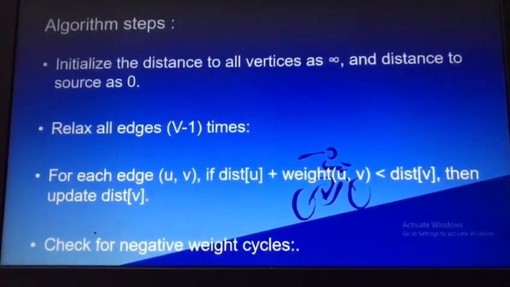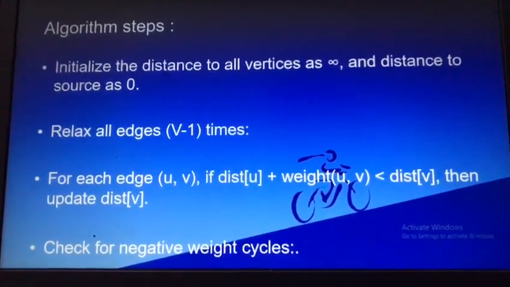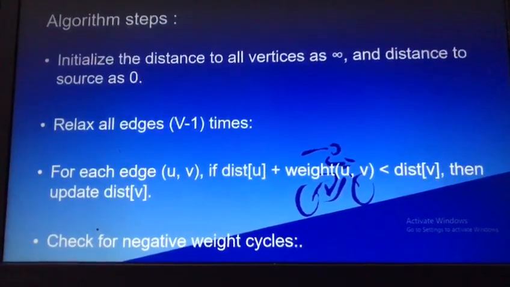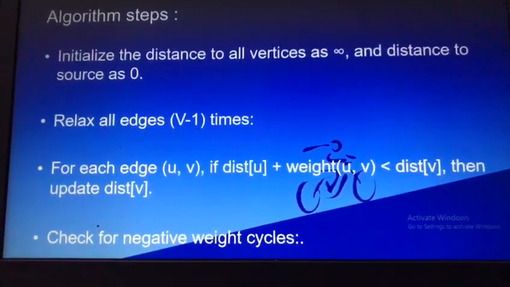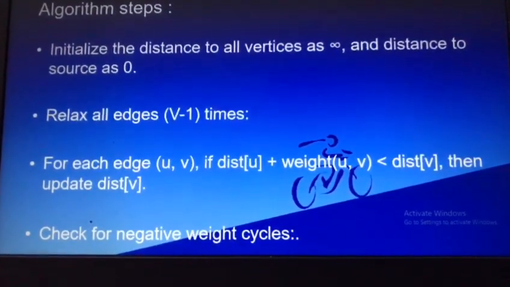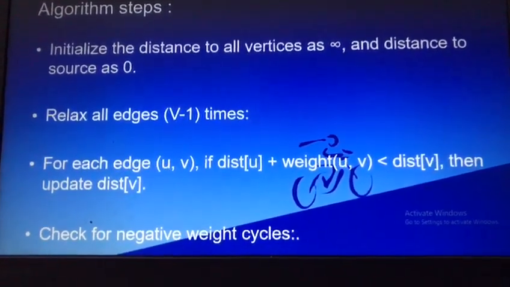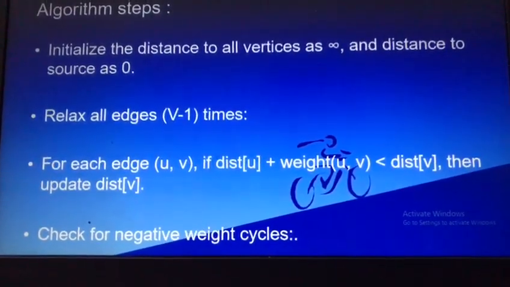First, we initialize the distance to all vertices as infinity, as I already said in the previous slide, and the distance to the source as 0. Relax all edges: in Bellman-Ford, we have to relax all edges V minus 1 times.